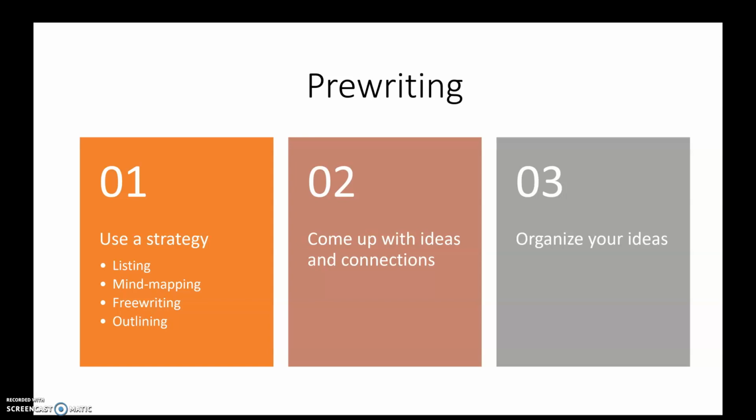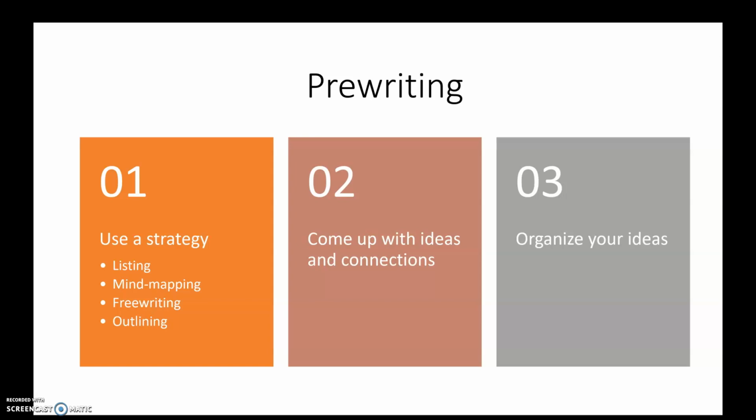But different kinds of essays also benefit from different kinds of pre-writing strategies. For instance, it's not very useful to use a Venn diagram, those 2 circles that overlap, to show similarities and differences, in a descriptive essay. For a descriptive essay, listing is probably going to be better. Mind mapping is going to be better.